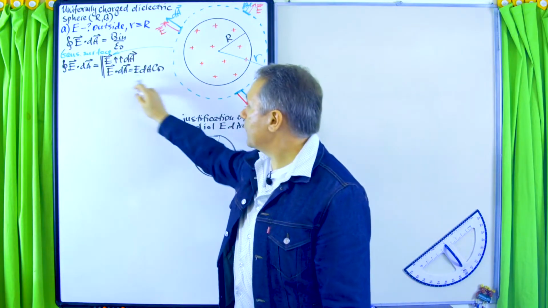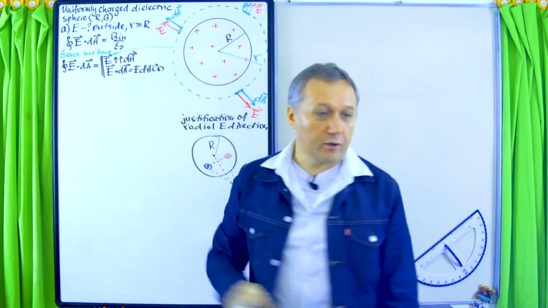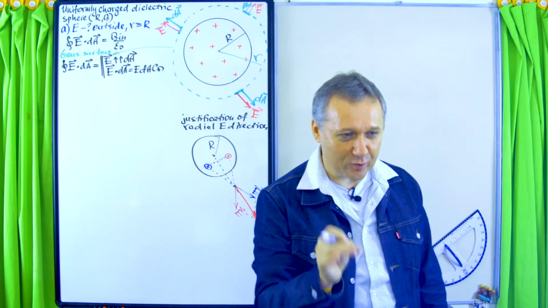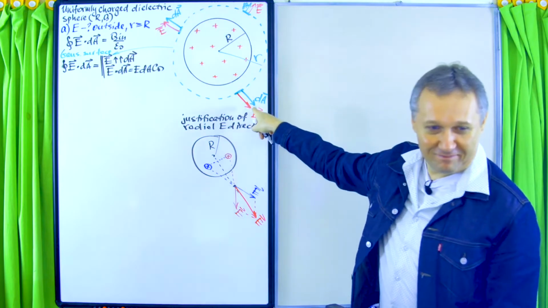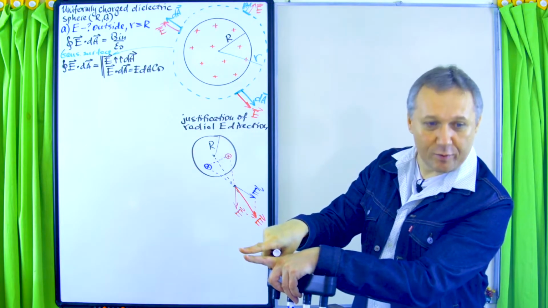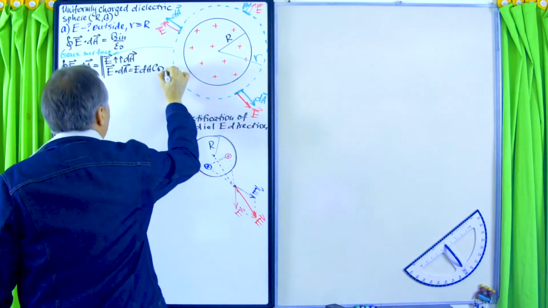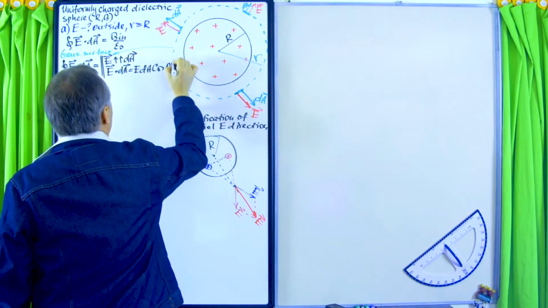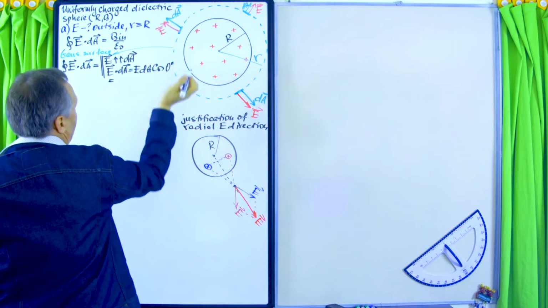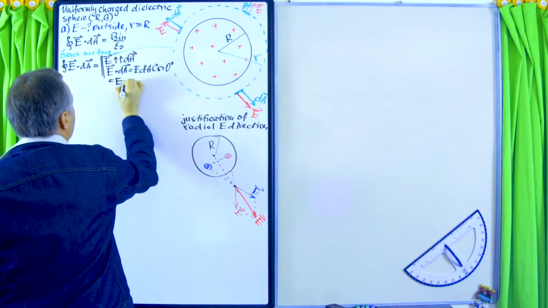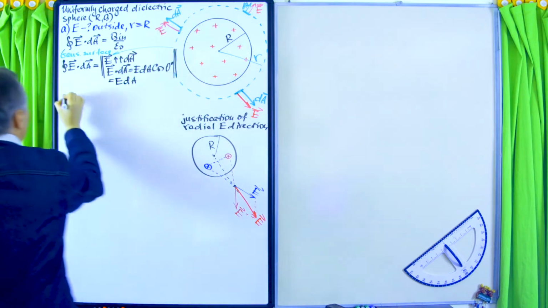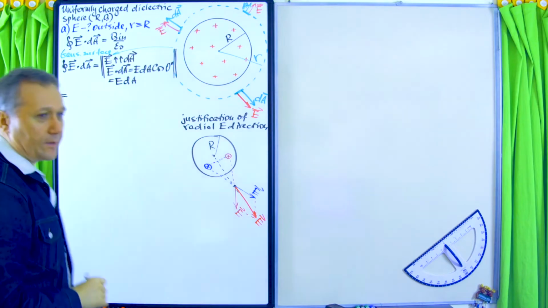So absolute value of E, absolute value of dA, and then cosine of the angle between these two vectors. What is the angle between these two parallel vectors? The angle between them is 0 degrees. So the cosine of 0 degrees is 1, and it will be just E dA. Let me close my explanation box and continue over here.